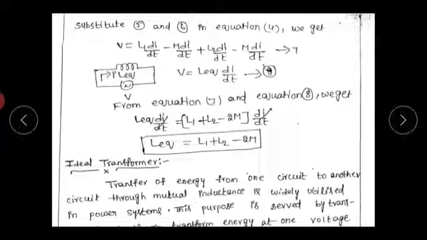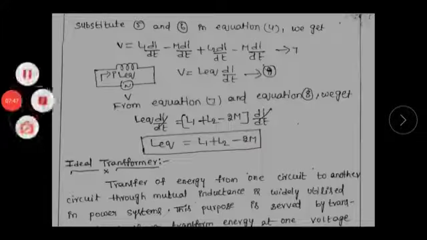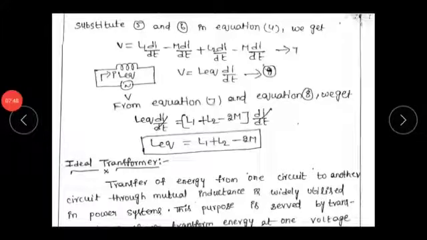In series aiding connection, the equivalent inductance equals L1 plus L2 plus 2M. Here plus 2M in series aiding connection and minus 2M in series opposing connection. So in series aiding connection, the equivalent inductance value is high compared to series opposing connection. In parallel aiding connection, already we derived: the equivalent inductance equals L1 into L2 minus M square by L1 plus L2 minus 2M.